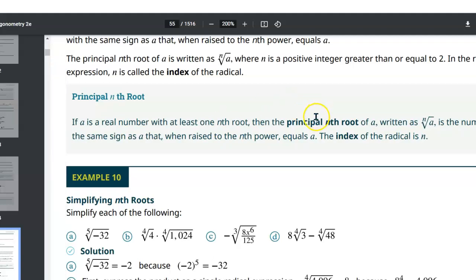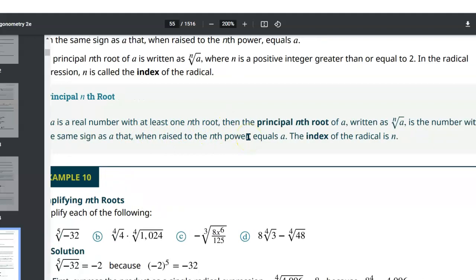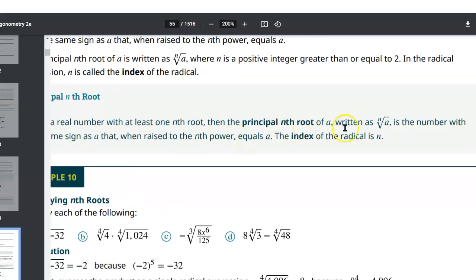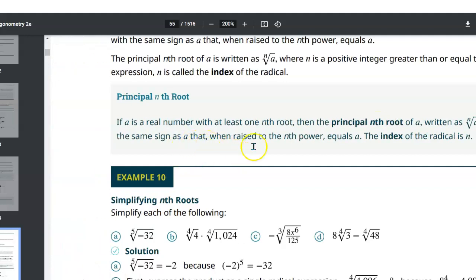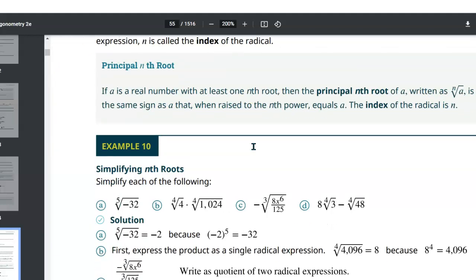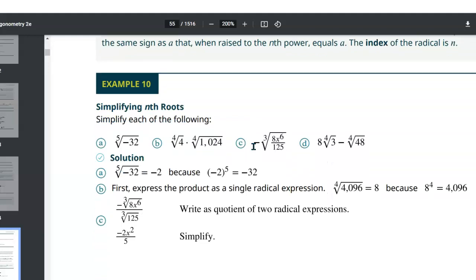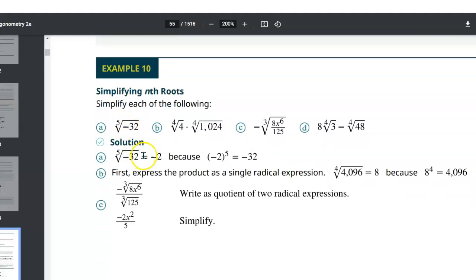But the principal one is positive 5, the principal nth root. If a is a real number with at least one nth root, then the principal nth root of a is the number with the same sign as a. So the fifth root of negative 32 is negative 2. It has the same sign.